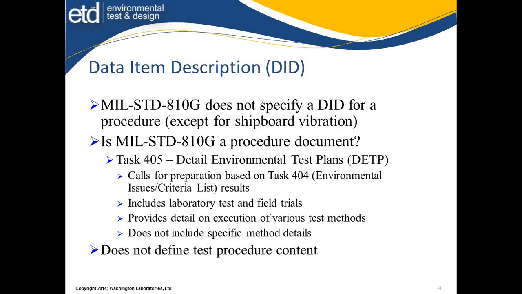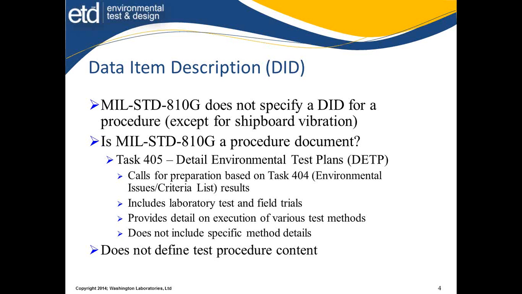But some people look at Mil Standard 810 as a procedure document. In reality it's not. It comes from Task 405, where the test plan is developed, the detailed environmental plan, and it calls for preparation based on Task 404, the environmental issues criteria list results. It includes laboratory tests and field trials, details on the execution of various test methods, but does not include specific method details.